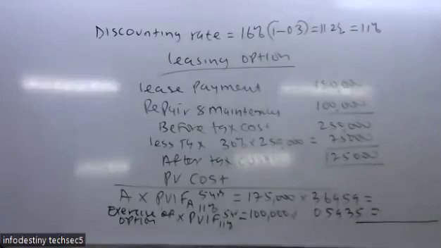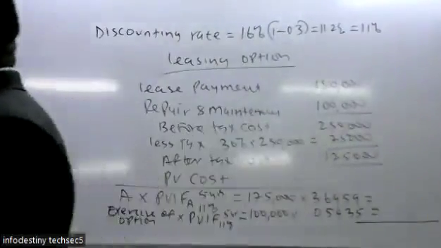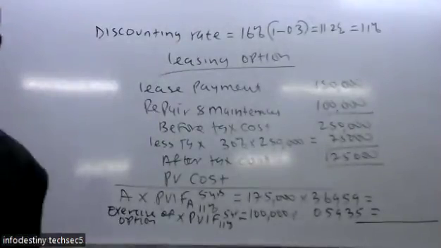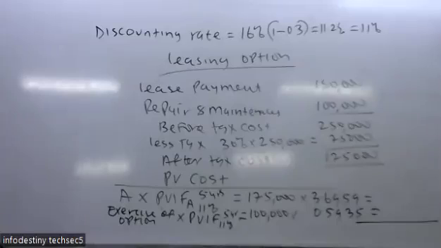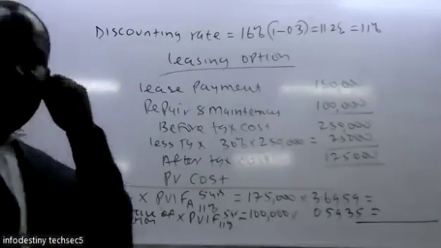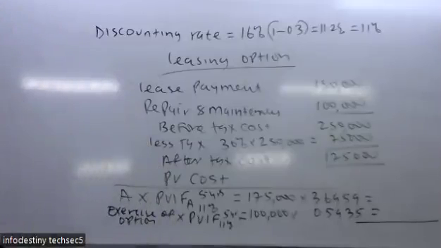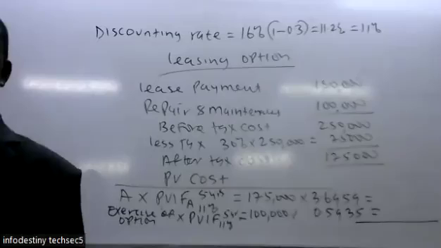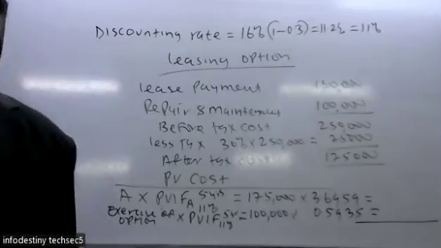That will give you the present value cost of leasing, the total cost to be incurred when you lease. So how much is that cost? 706.